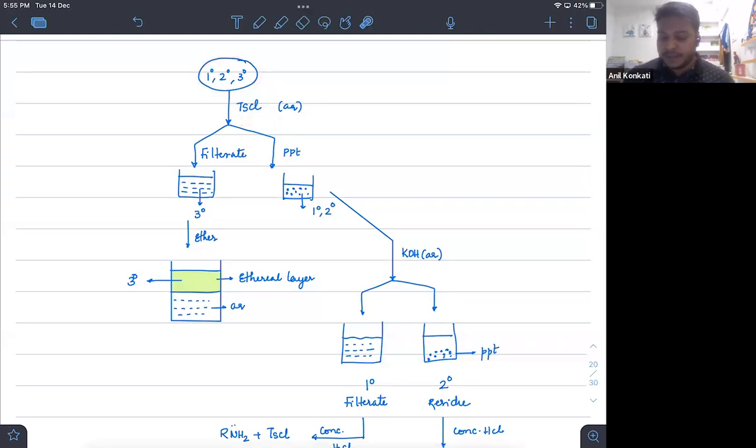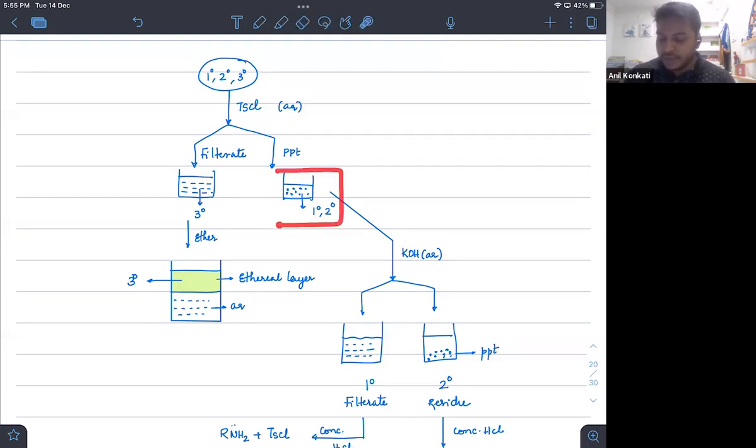ठीक है, अगर ये precipitate बन गया और precipitate में रुक गया, tosyl chloride with NaOH, right? Tosyl chloride with NaOH. Then अगर वो precipitate की तरह रुक गया, so then it has to be 2 degree, correct? If I do not add NaOH, suppose I didn't add NaOH here, then what happens?